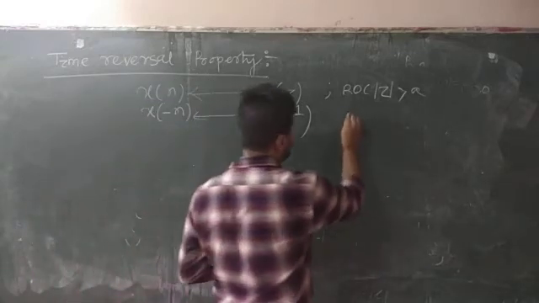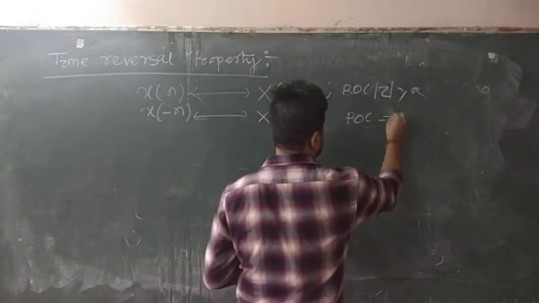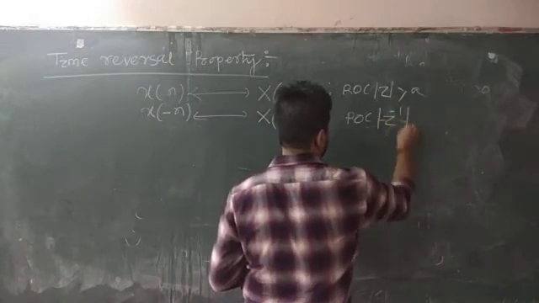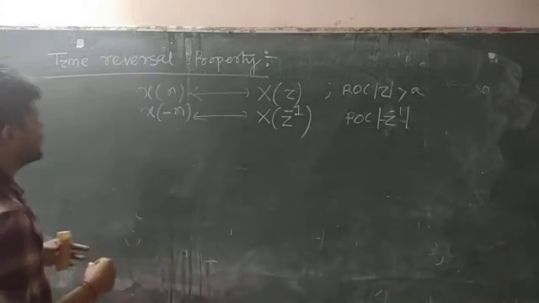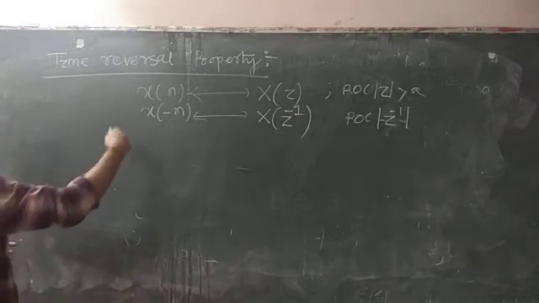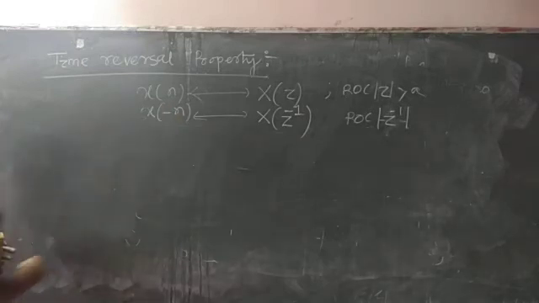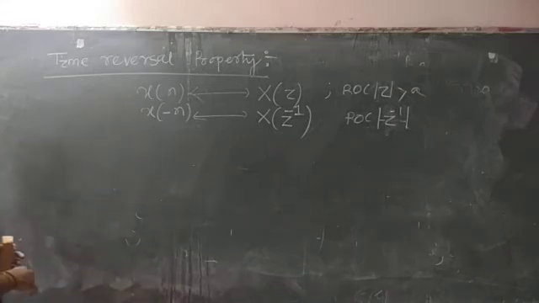Similarly, in the region of convergence also we write the magnitude of z inverse, which means 1 by z. So let's prove this theorem, the time reversal property. Whenever you reverse the signal in the time domain, in the z domain we take the inverse.